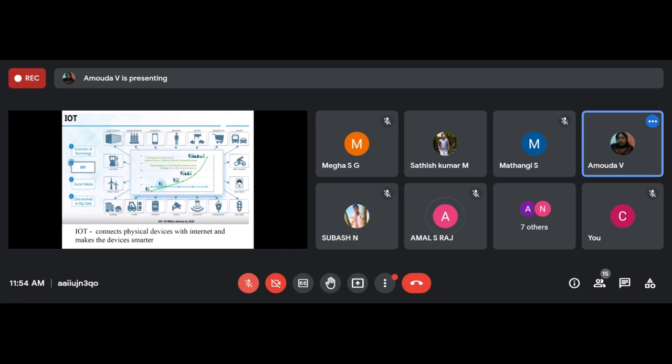Even vegetables, grocery, everything is available through the internet. So any physical devices are connected with the internet, and it makes life smarter. So this only makes us go for big data analysis.